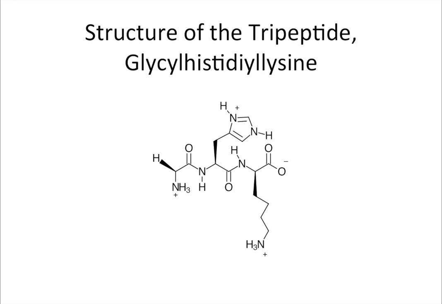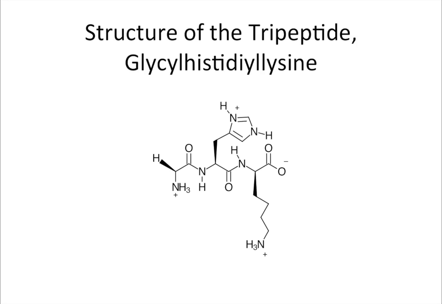Another place where you'll find disulfide bonds is in structural proteins. The example that we're going to use a lot in this course is keratins. The keratins have a lot of disulfide bonds in them.